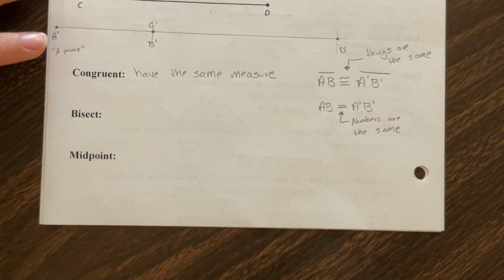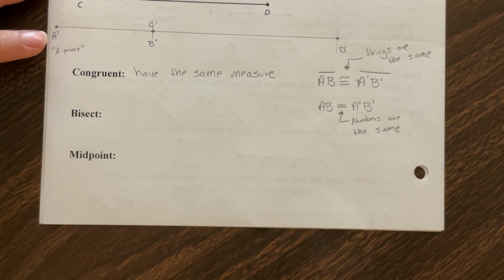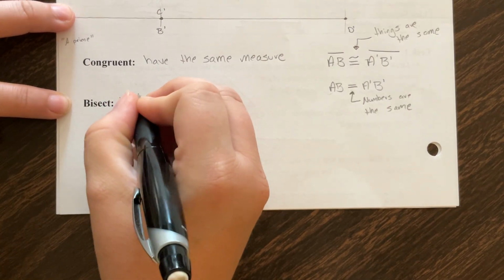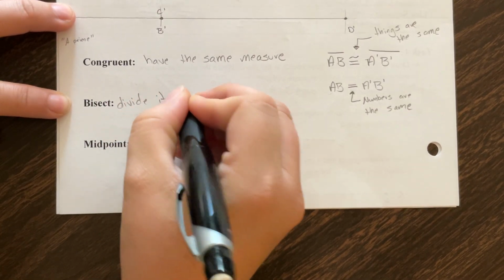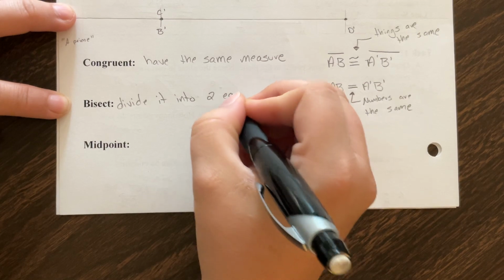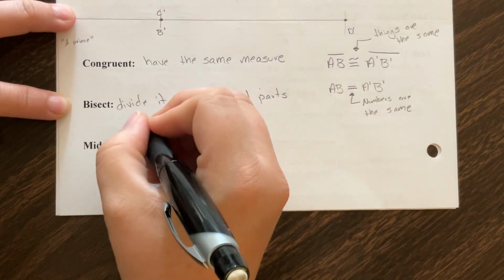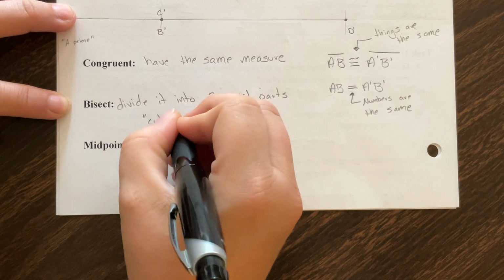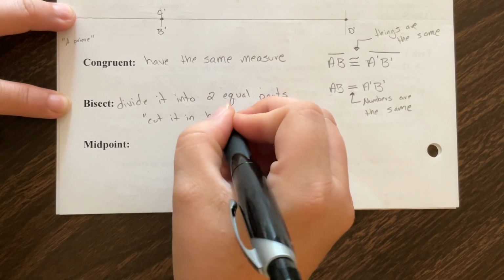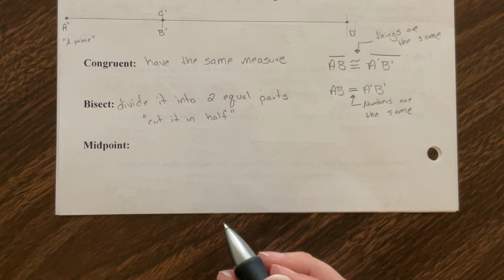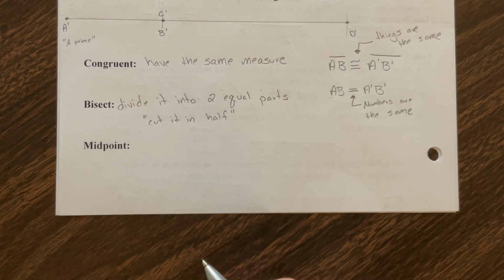Okay. All right, bisect. Bisect is to divide into two equal parts. Cut it in half is our layman's term. If I cut it in half, I bisect it, and the thing that cuts it in half is called the bisector.